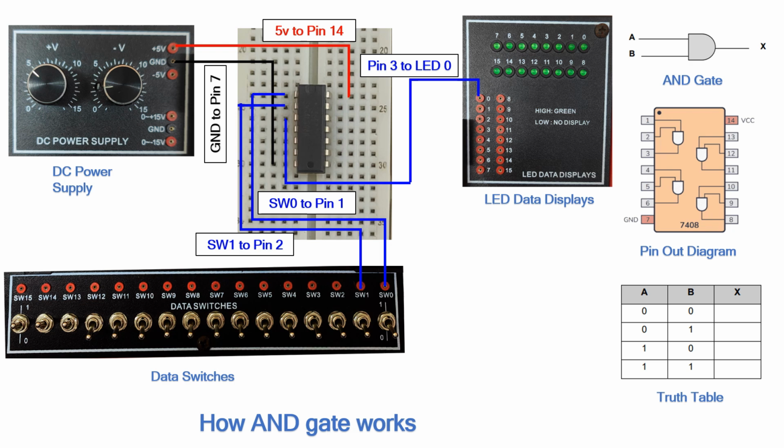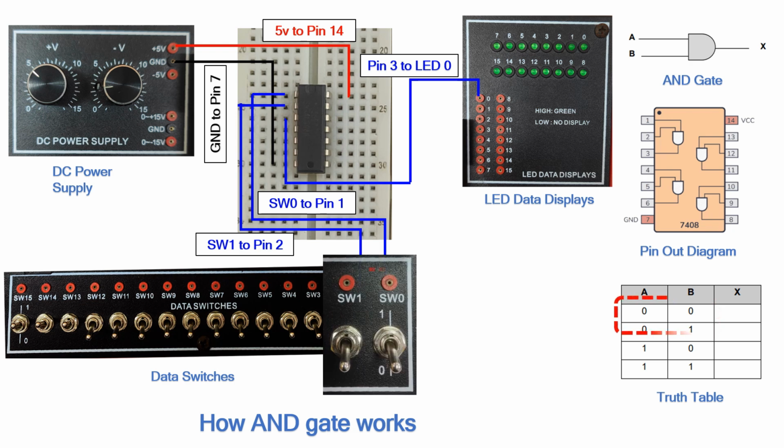The first row of the truth table shows both inputs, A and B, of the AND gate set to 0. That means we need to turn off both toggle switches SW0 and SW1. The purpose is to ensure that 0 volts reach IC pins 1 and 2. Then, observe the LED data display. LED number 0 shows there is no light, which means the output we record in the truth table is 0.